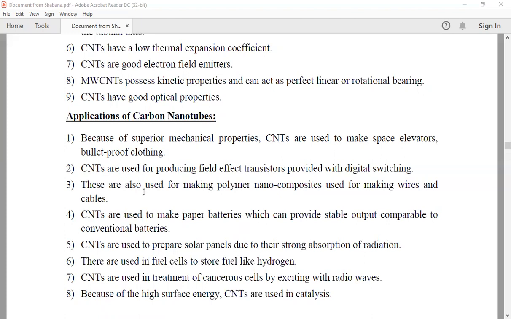Carbon nanotubes are used for producing CNT FETs, that is, carbon nanotube field-effect transistors, providing digital switching using a single electron semiconducting nanotube. And recently they are also used for making nanotube polymer composites, which are used for making electrical wires and electrical cables because of their high conductivity.